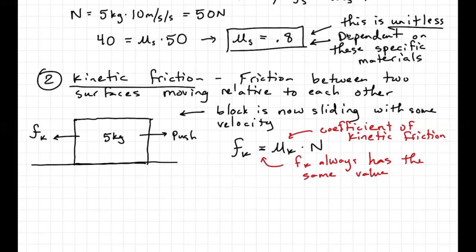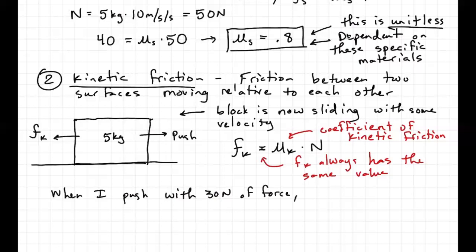So I could find out what mu k is in this situation. So let me make up some numbers. Let me say that when I push, so remember that now it's sliding. So when I push with 30 newtons of force, the box slides at constant speed.